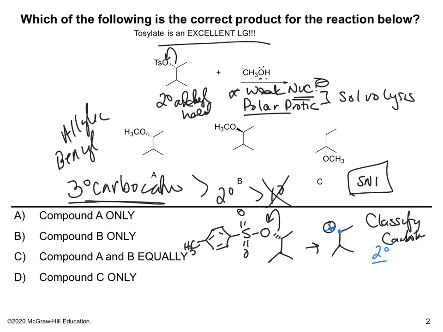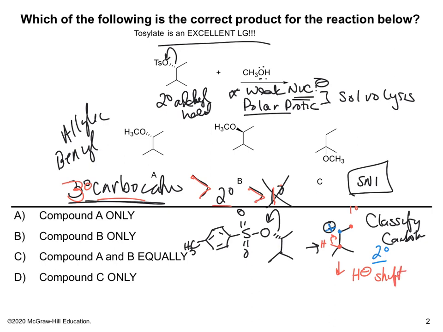So that means we've got to look at 2 neighbors. If we trade places with this next door neighbor, it would become a primary. That's not more stable. Primaries are less stable than secondaries. If it traded places with this neighbor, it'd be a tertiary, and that is more stable than a secondary. So what happens is this has a hydrogen, and it will do a thing called a hydride shift.